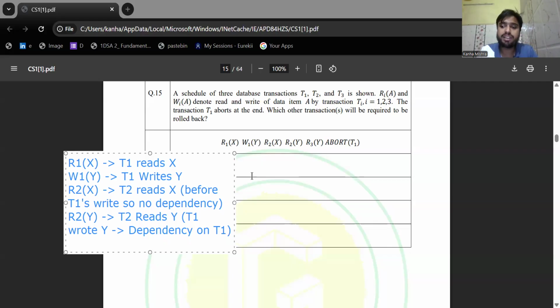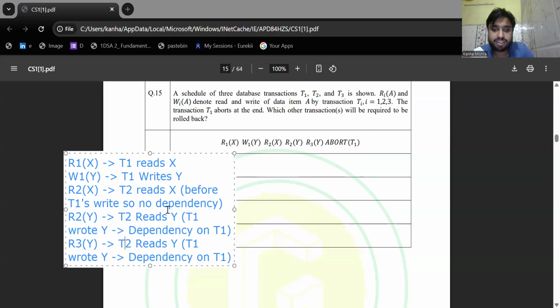Now, after that, another person comes and does R3(Y). That means T3, transaction 3, reads Y. And T1 wrote Y already, so there is a dependency on T1.